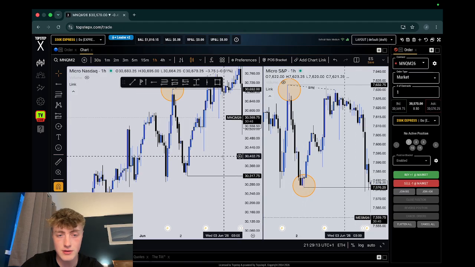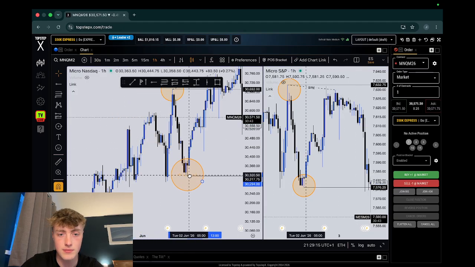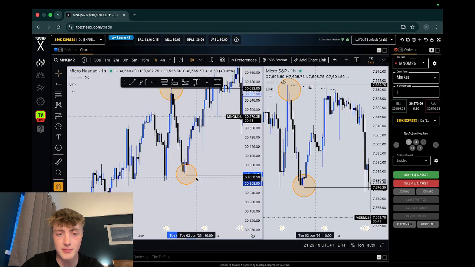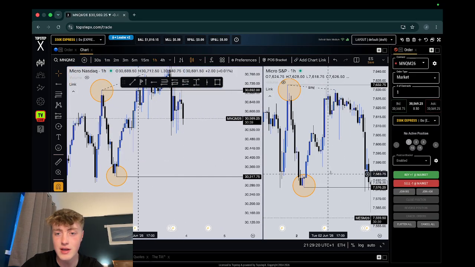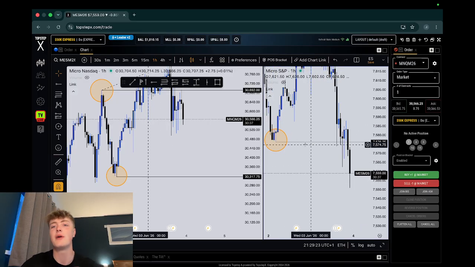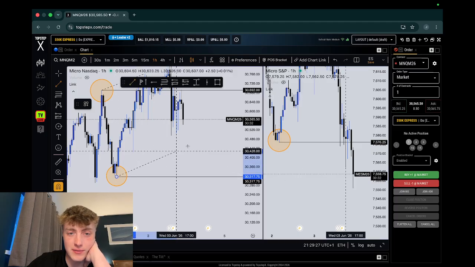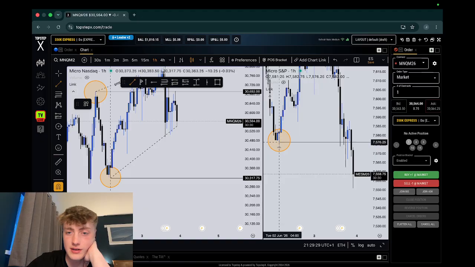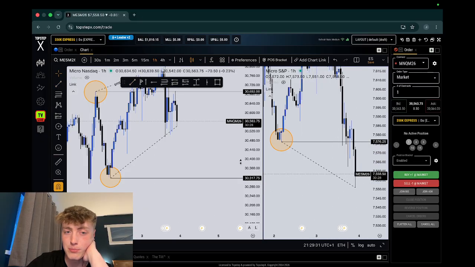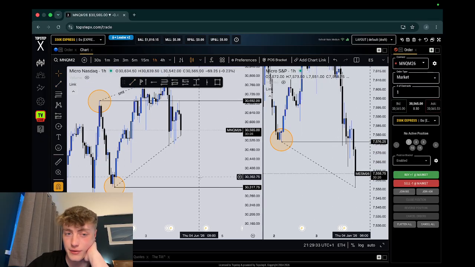That's this low and this low. Hopefully this makes it easier to see. But as you can see, ES has come down and swept this low, and on NASDAQ we are still trading above it, which means we are currently having a bullish SMT formed.